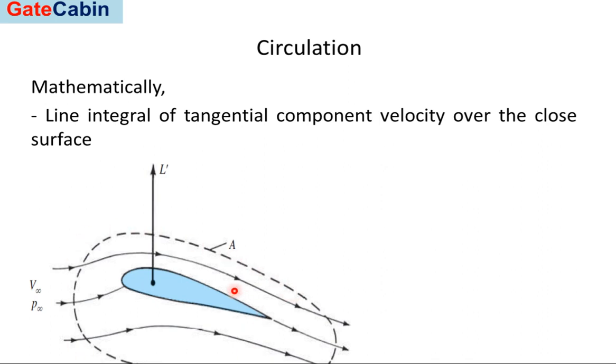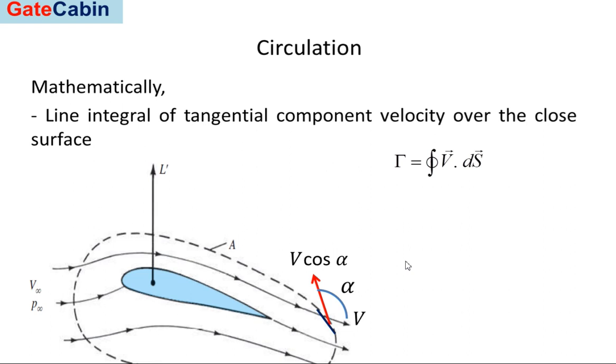To calculate the value of circulation on it, let's say we take a piece of this closed loop having length ds, and the velocity crossing this piece is V. Like the definition said, the circulation value involves the tangential component of velocity. To resolve this velocity vector through an angle alpha, we end up getting a cos alpha.